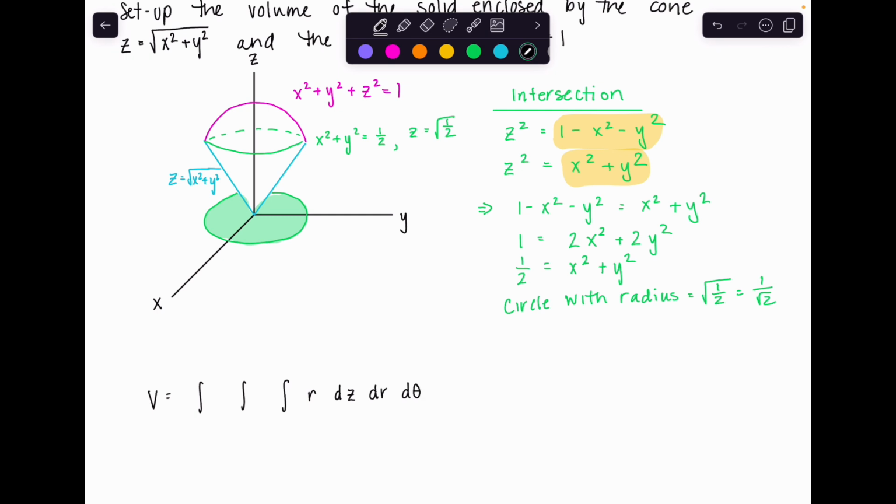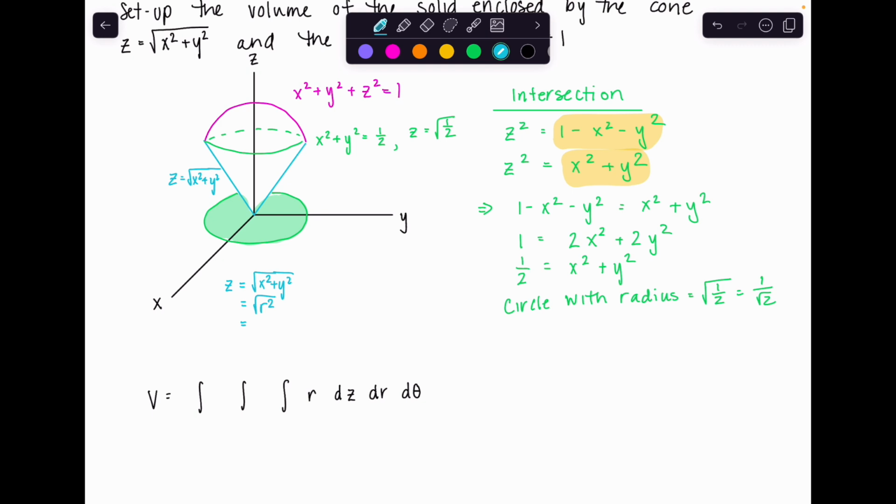My z is going to go from the bottom of the cone up to the top of the sphere. So again, just switching those over, z is the square root of x squared plus y squared. So it's the square root of r squared.